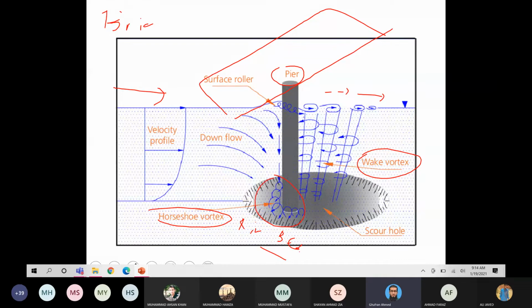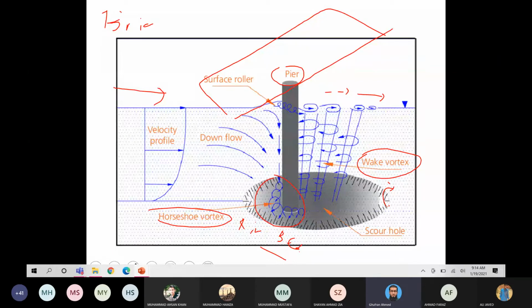Due to these vortices, they create certain force on bed material to remove it from its original position. This phenomenon we call scouring. Okay, scouring.